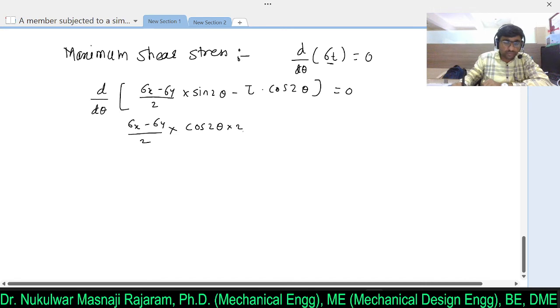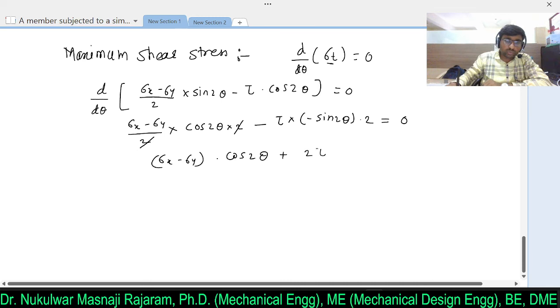Minus tau into the derivative of cos 2 theta, which is minus sine of 2 theta, again multiplied by 2, equal to 0. So here the 2 and 2 get cancelled and minus becomes plus. So I can rewrite (sigma x minus sigma y) into cos of 2 theta plus 2 tau into sine of 2 theta, equal to 0.